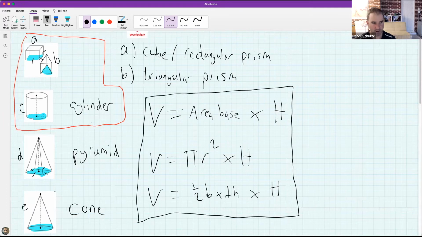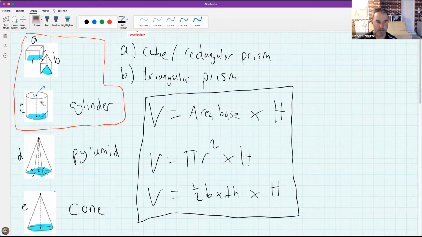And then the second part of the lesson is going to be something called the surface area. Now, I'm going to come to the surface area later in the lesson, so I'm not going to spend too much time explaining the formulas right now, but just to know that surface area is the amount of area on the outside. So when we talk about a cylinder, the area on the outside would be these two circles. And then you also have this bit over here, which we'll talk about later, which wraps around the outside.